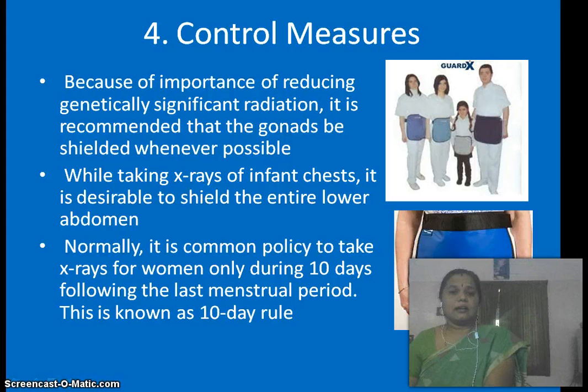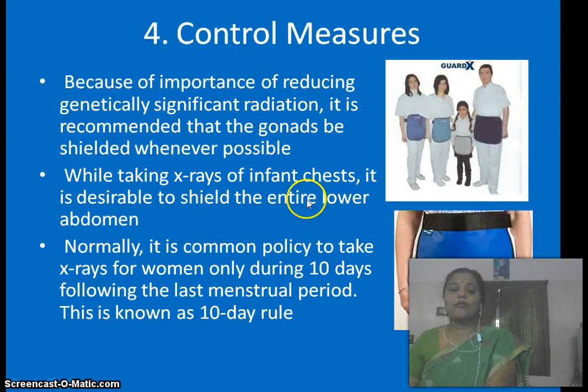And what are all the control measures that could be done to avoid this unnecessary radiation? Always the gonads, which are genetically significant, should be shielded wherever possible. Even for the adolescents, for females, even for the infants, the gonads, that is the organs which are producing gametes, should be shielded.